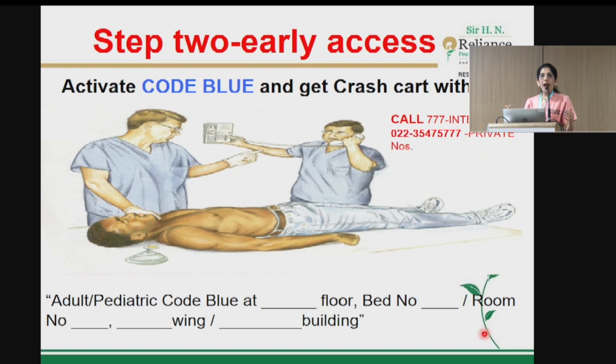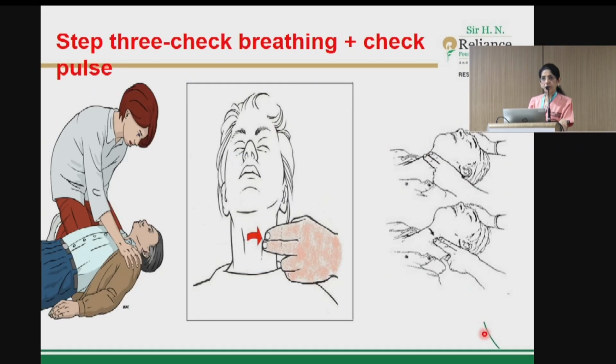Now, once you have recognized the unresponsiveness by tapping on the shoulder, which is step 1, and step 2, you have activated the emergency response system, after that you palpate for the pulse and simultaneously check for breathing. Which pulse will you palpate? Put your fingers on the trachea and slide them slightly to the lateral side and palpate for the carotid. You can do the carotid palpation with 2 fingers or 3 fingers.